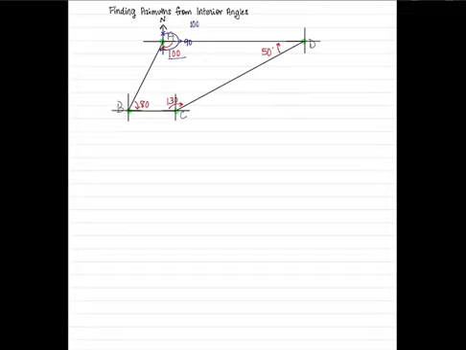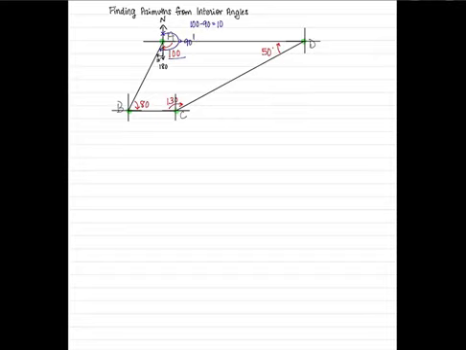So 100 minus 90 will give us 10 degrees. So the angle from this line to this line is 10 degrees. That means to find the azimuth, we're going to add 180 plus 10, which will give us 190 degrees.